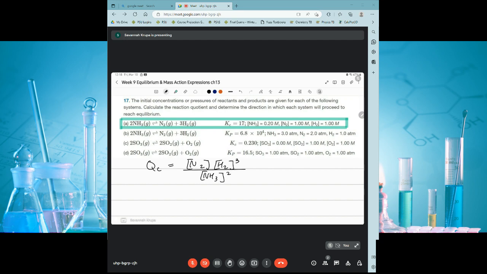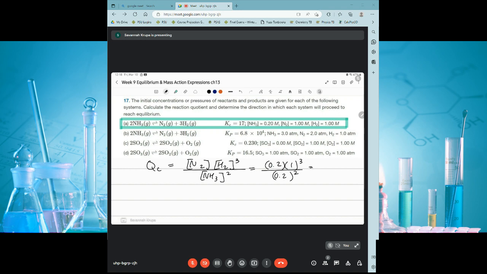And so it gives us the concentrations of each of these gases. So when we plug them in, for N2, it's going to be 0.2, and then times the concentration of 1 for H2 raised to the power of 3, and then divided by the NH3 molarity, which is 0.2 to the power of 2.